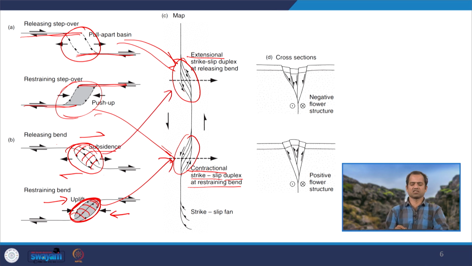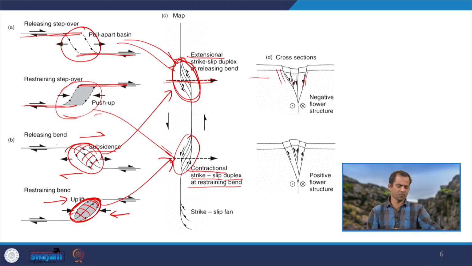So, this is the extensional topography and this is the contractional topography. Now, if I am taking a cross section here, the cross section will look like this. That means we have extensional topography, we have normal faults, and due to normal faults these blocks are going down.